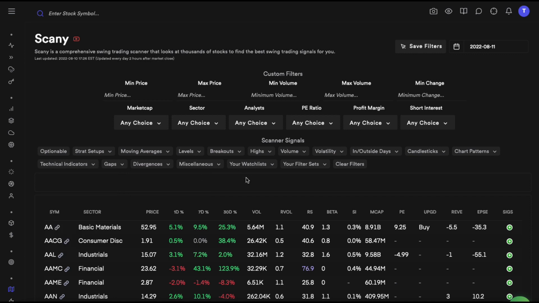We have, I believe, over 50 different scanning patterns that you can use, which is a good amount, and it helps you find a lot of different kinds of plays based on what you want to find.